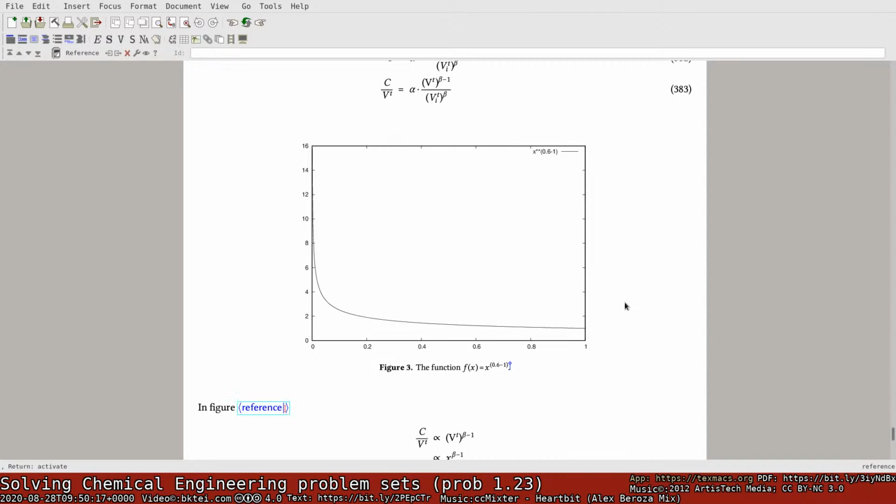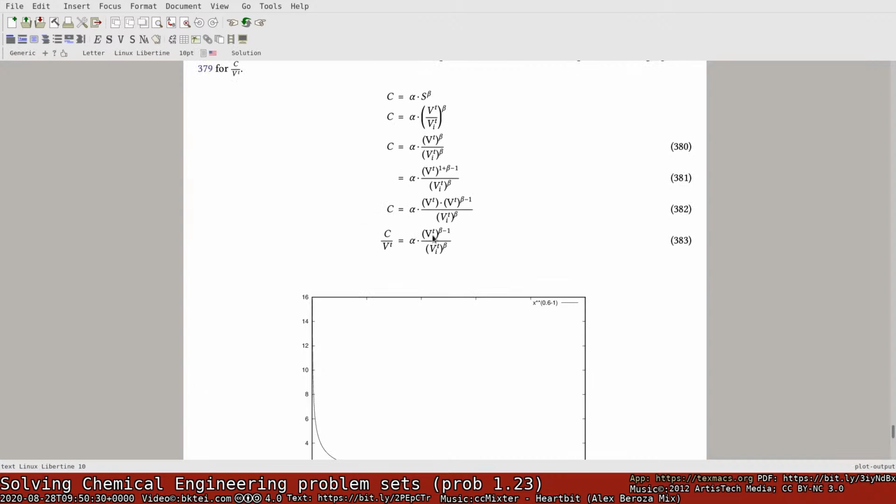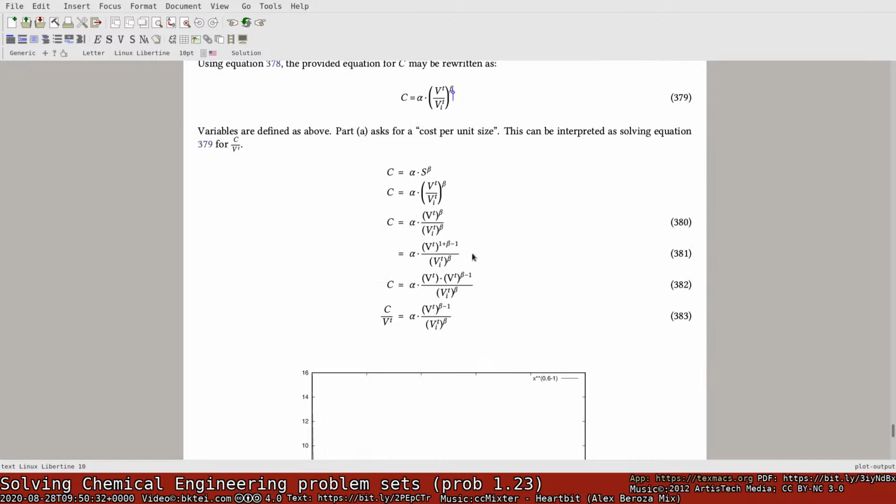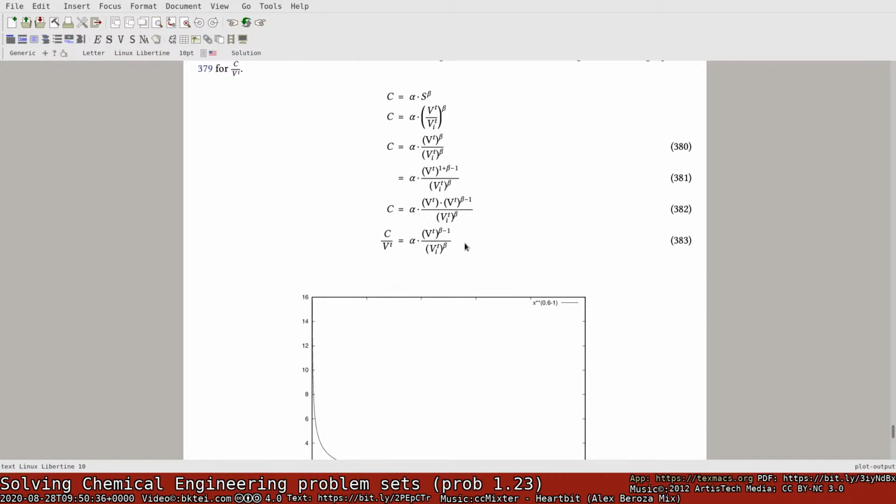Meta shift that. Problem 23, figure 1. Yeah, okay. So we've got that.